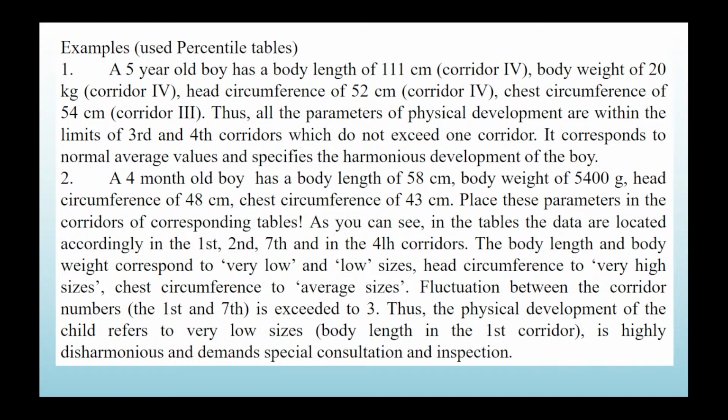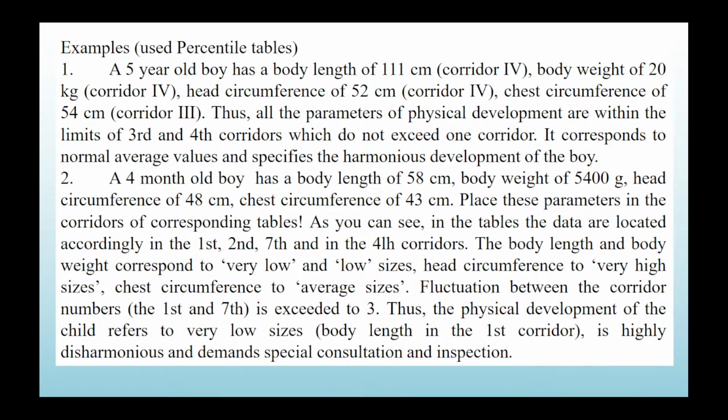Second example, a 4-month-old child has a body length of 58 centimeters, body weight of 5,400 grams, head circumference of 48 centimeters, chest circumference 43 centimeters.